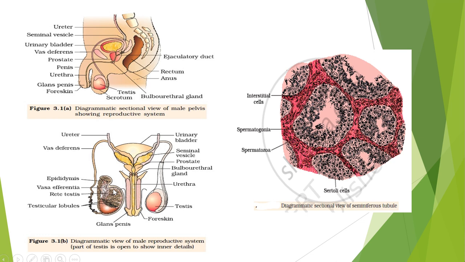The penis is the external genitalia in human males, and it is made up of special erectile tissue that helps in the erection of the penis to help in insemination. The distal part of the penis is enlarged and is called the glans penis, which is covered by a loose fold of skin called the foreskin.